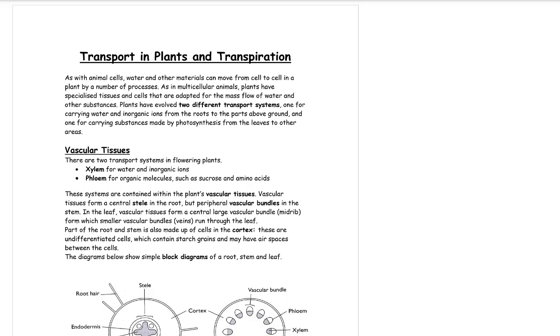As in multicellular animals, plants have specialised tissues and cells that are adapted for the mass flow of water and other substances.